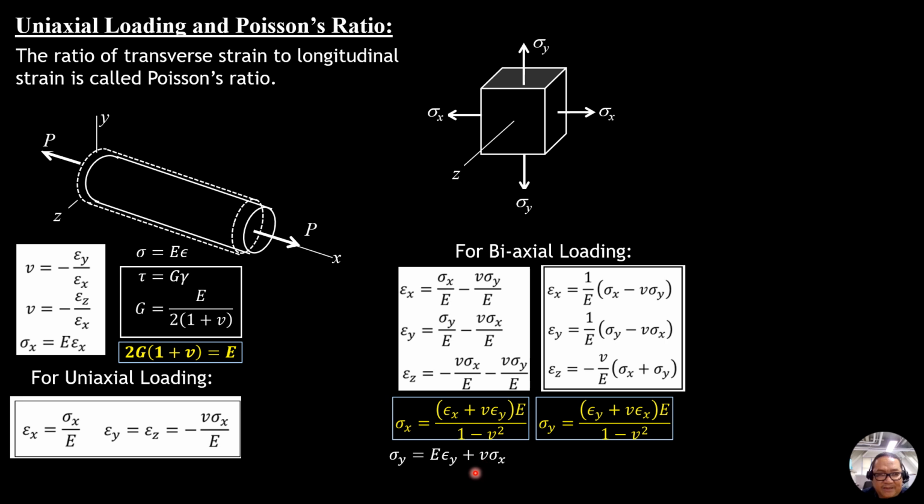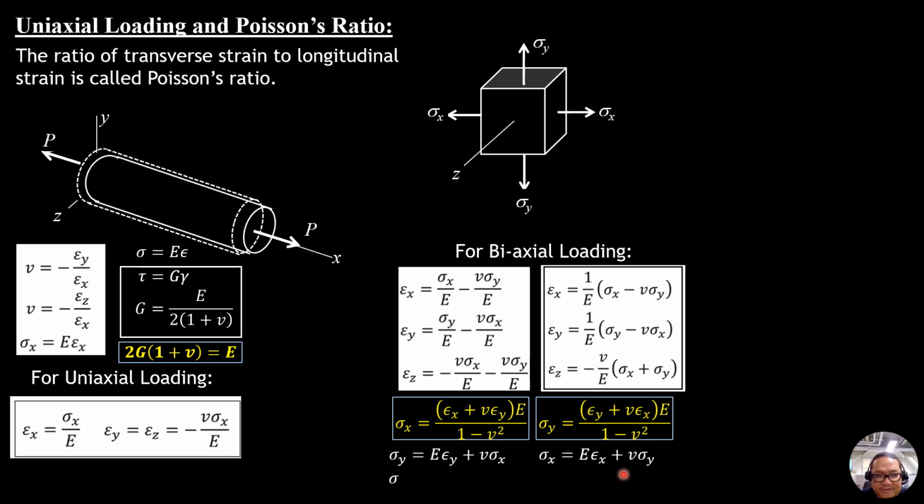So we have plus Poisson's ratio sigma x. Then we replace sigma x by this expression here. So sigma x is also strain x times E plus Poisson's ratio times sigma y.